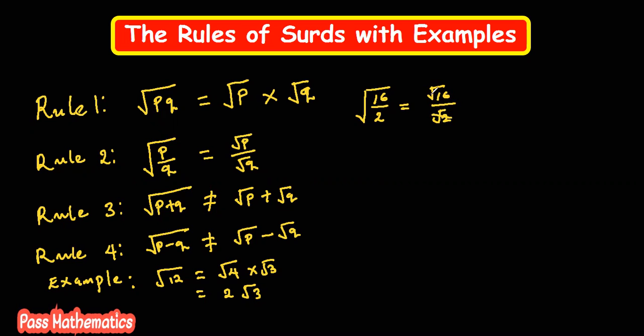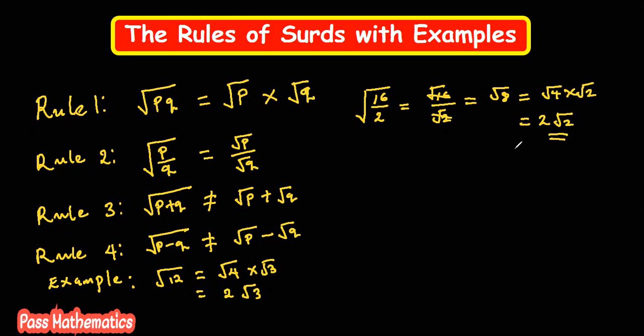Of course, this can cancel, so we should have root 8, and then we can further simplify this by saying root 8 equals root 4 times root 2. The square root of 4 is 2, so we're going to have 2 root 2. So this is an example here.